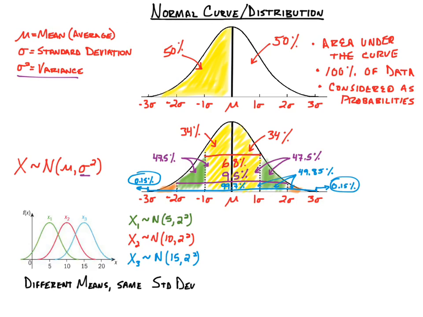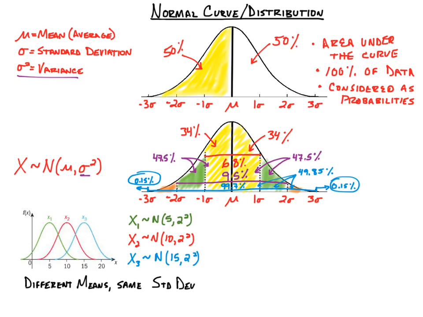We'll look at some examples of this as we go into other videos, but really that's being able to say that we can compare 2 different sets of data that are normally distributed and compare these unidentical data sets to each other in relation to standard deviations in the mean.